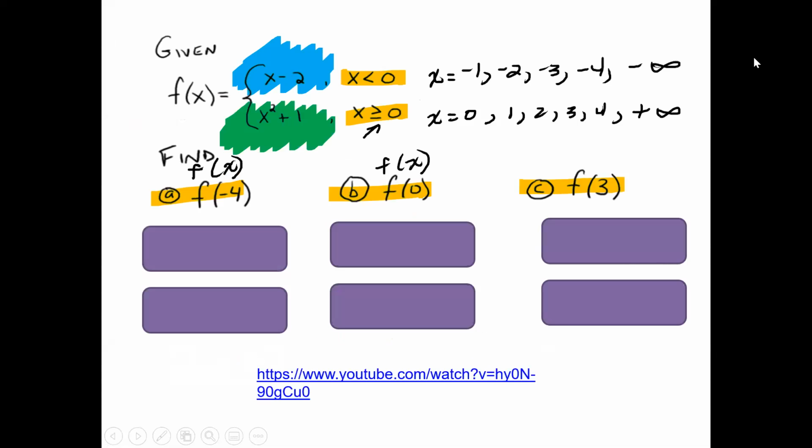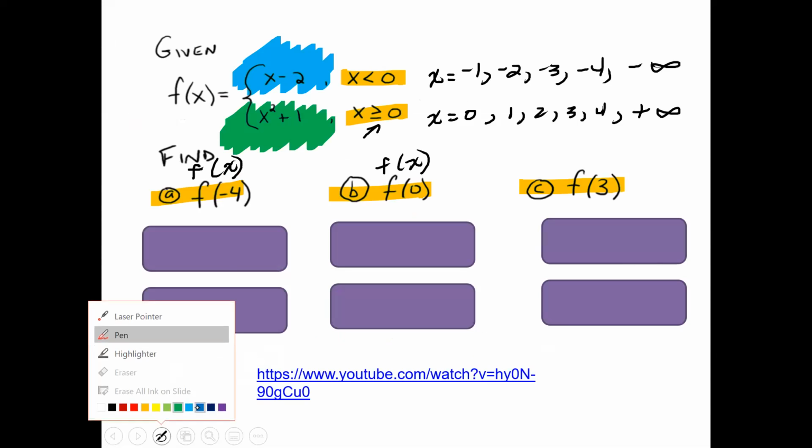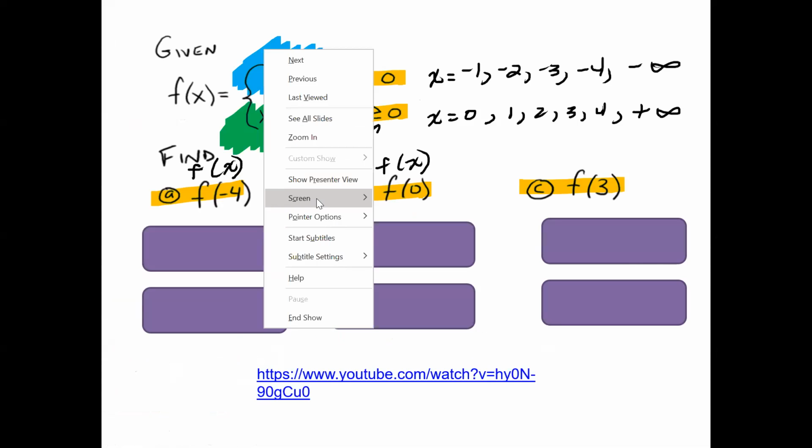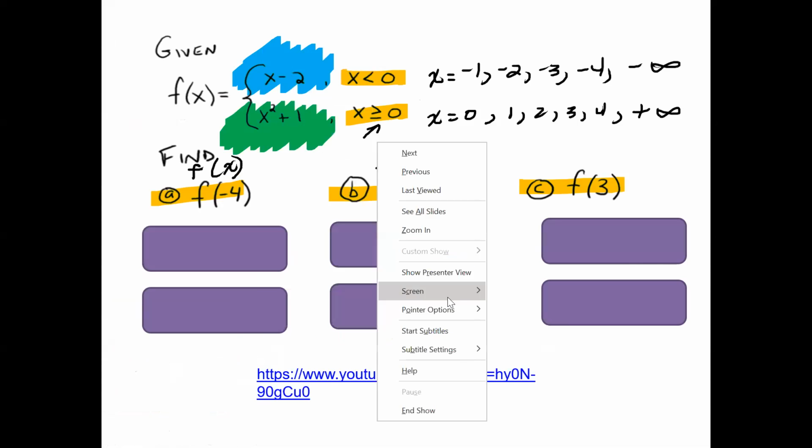Example 1. All right, so let's take a look at this. For this question right here, I'm going to redo this a little bit. So give me 1 second. Let me just move that over a little bit.